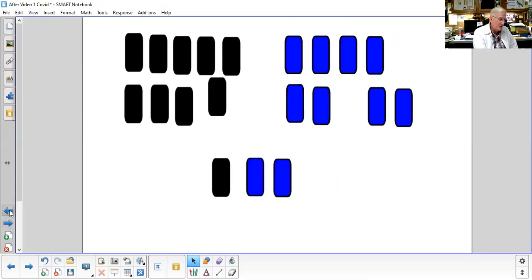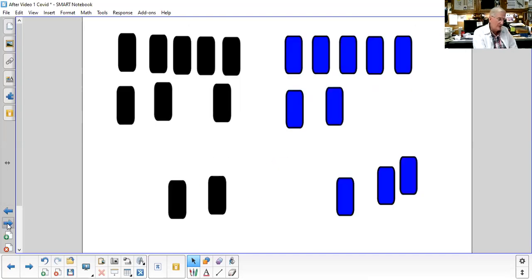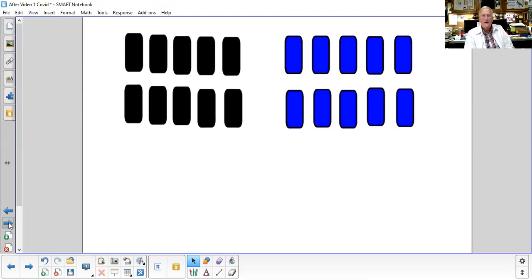Now let's go back to the original question. How many must you pull out of the drawer to be certain you have a pair of black socks? All right, let's go up here. It probably would never, ever happen, but is it possible that you could draw all the blue socks out first without ever having drawn a black one?